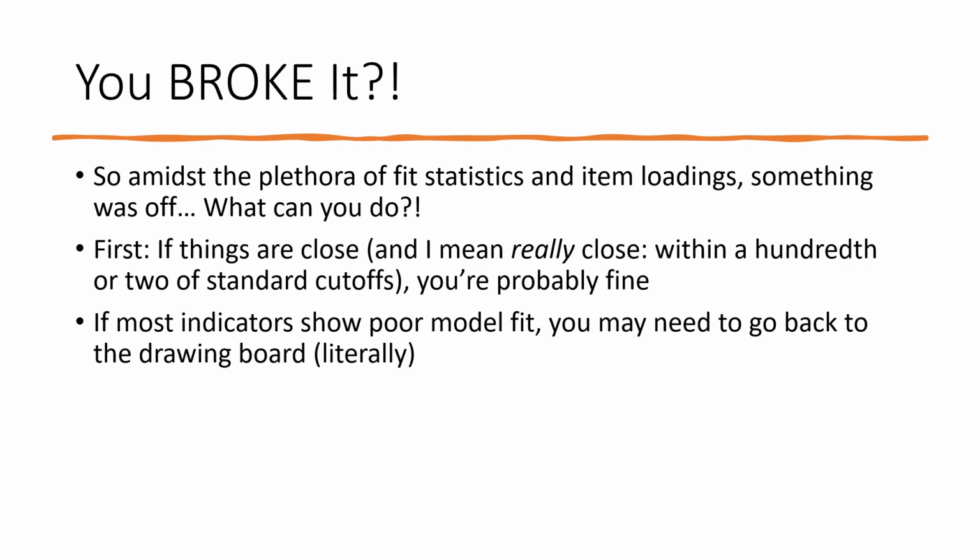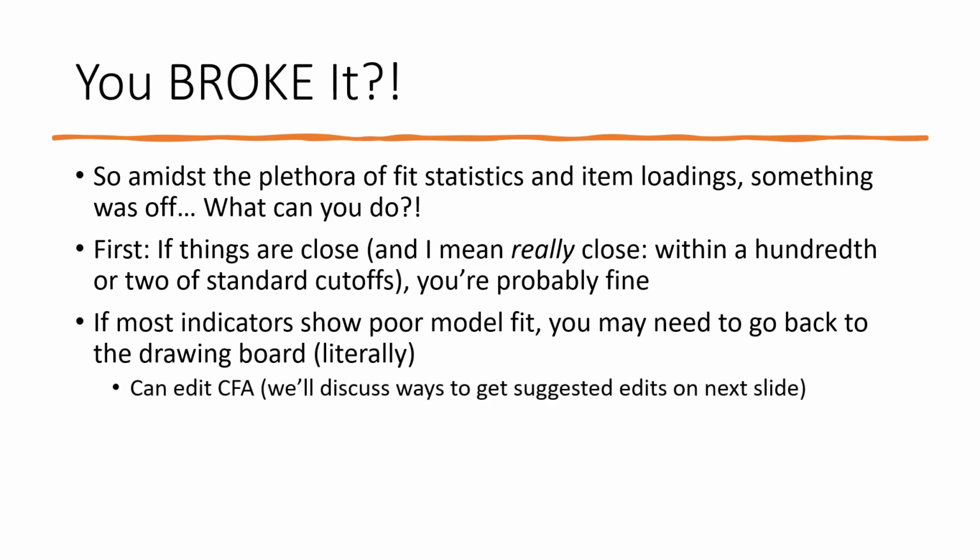And I say literally here because remember, we draw out our models. So you may need to go back and start looking at ways that you can add. Now you can edit your confirmatory factor analysis, and we'll discuss a couple of ways that you can look at these edits on the next slide. But sometimes adding one or two paths to your confirmatory factor analysis isn't enough.